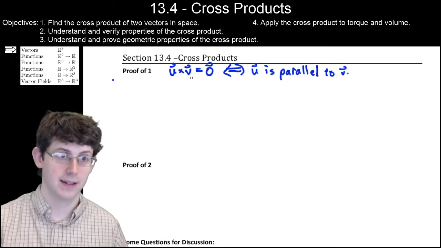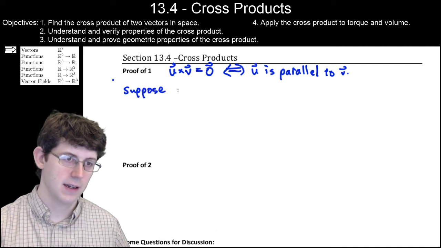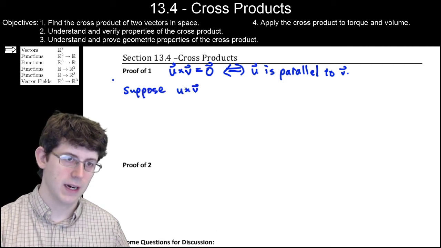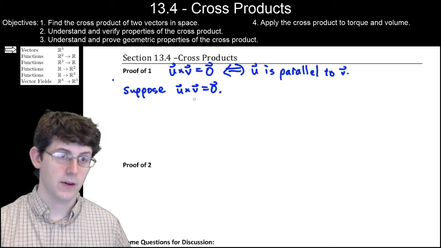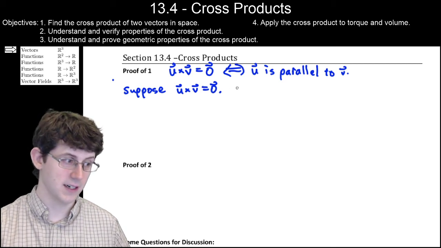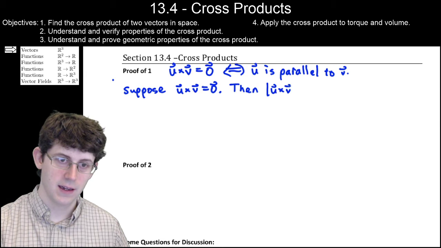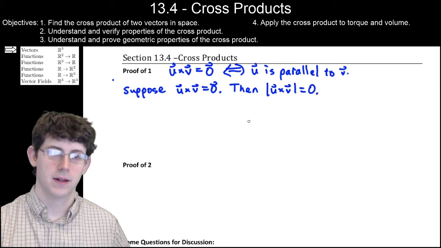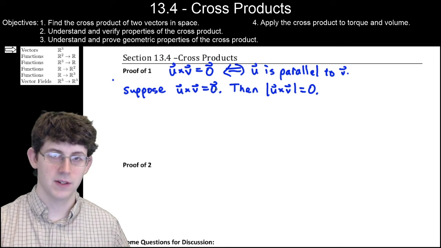They're equivalent. So let's suppose we have two vectors where their cross product is 0. I'm trying to show that U is parallel to V. Okay, if U cross V is the 0 vector, then we know that the magnitude of U cross V came out to 0, because U cross V is 0, so its magnitude is also 0.